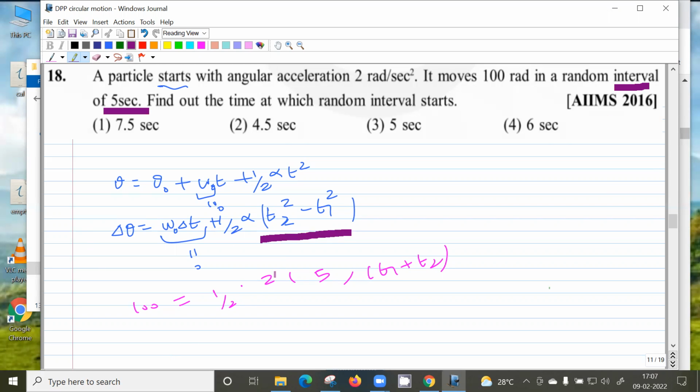So half into alpha, which is 2, into 5 seconds into t1 plus t2. So this will give me t1 plus t2 as 20. So t1 is not known. If I assume t1 as 0, then t2 should be 20. That is not an option here. Okay, I'll come back to this later.